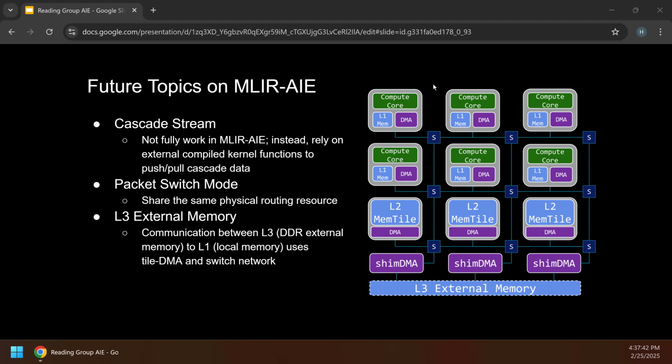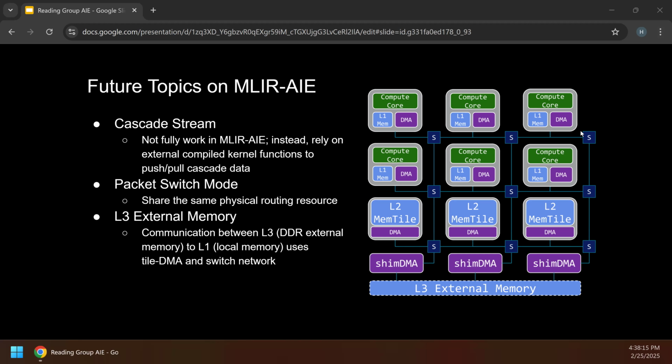To do that, we need to rely on some externally compiled kernel functions, which is basically the production flow. And also for the packet switch mode, what you mentioned, like the packet header.